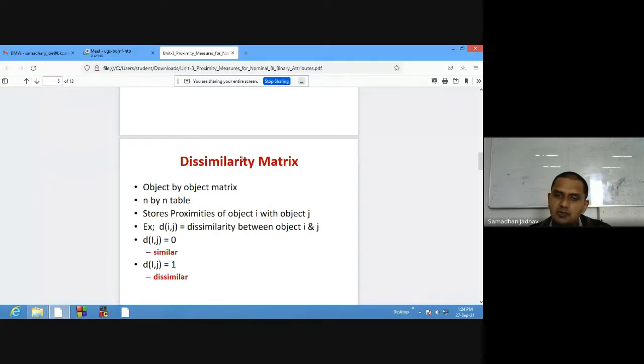And there will be values for 1 with 2, 1 with 3, or 2 with 1, 2 with 3, etc. So here d of ij, if the value is 0, then dissimilarity is 0, which means objects i and j are completely similar. And if the dissimilarity of objects i and j is 1, that means they are completely dissimilar.